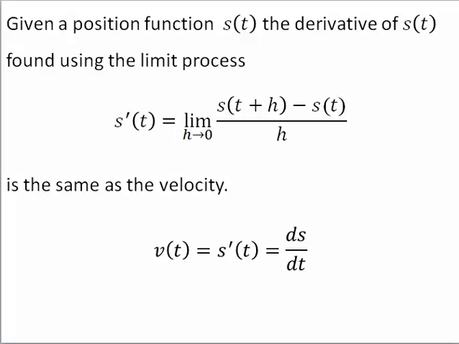Given a position function, the derivative found using the limit process is the same as velocity. So velocity is the derivative of position, and velocity can also be written as ds dt.